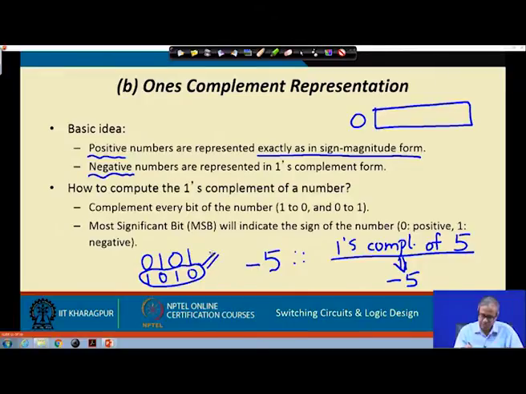This 1 0 1 0 will indicate minus 5, right. Now, you see here again the most significant bit will indicate sign, because when you do this, the plus 5 was having the most significant bit as 0, but as we flip it, it has become 1. So, for negative numbers the MSB will automatically be 1. So, just by looking at the most significant bit, you can tell whether the number was positive or whether the number was negative. Okay.